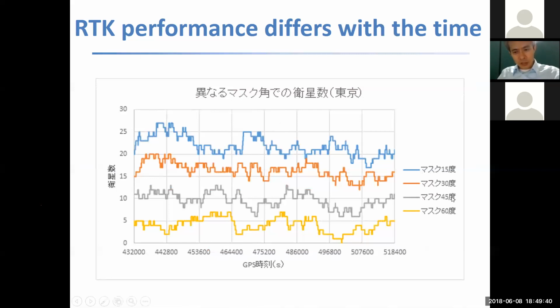But with mask angles of 30 degrees and 45 degrees, which is similar to the environment of urban areas, it is like that. Here there are more than 10 satellites. Maybe if you use survey grade receivers, it's okay. But even with survey grade receivers, at this time RTK is maybe not so good. RTK performance differs with the time, and you can predict it by using almanac information or whatever.